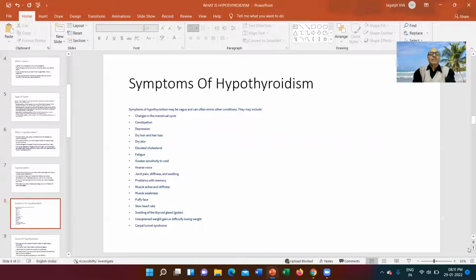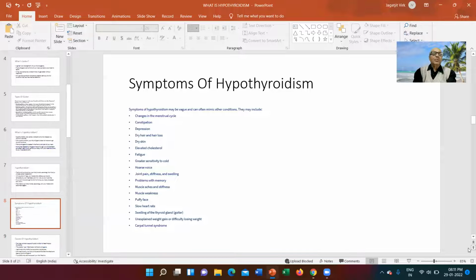Symptoms of hypothyroidism. There are hundreds of symptoms of hypothyroidism, but a few of them are vague and can often mimic other conditions.